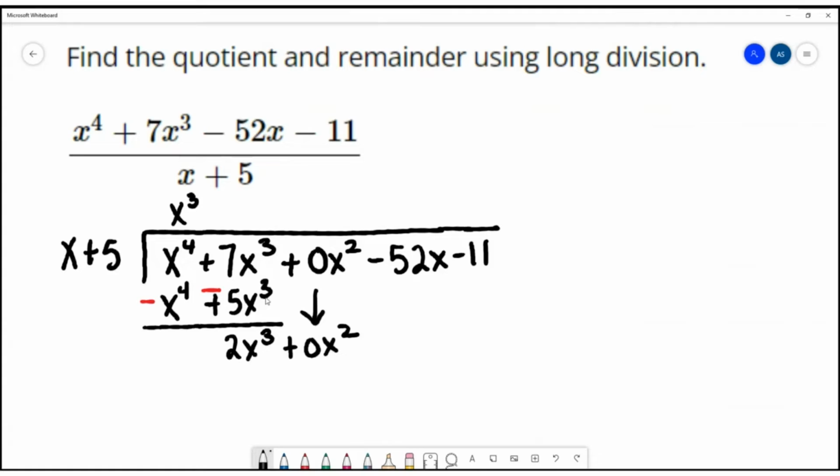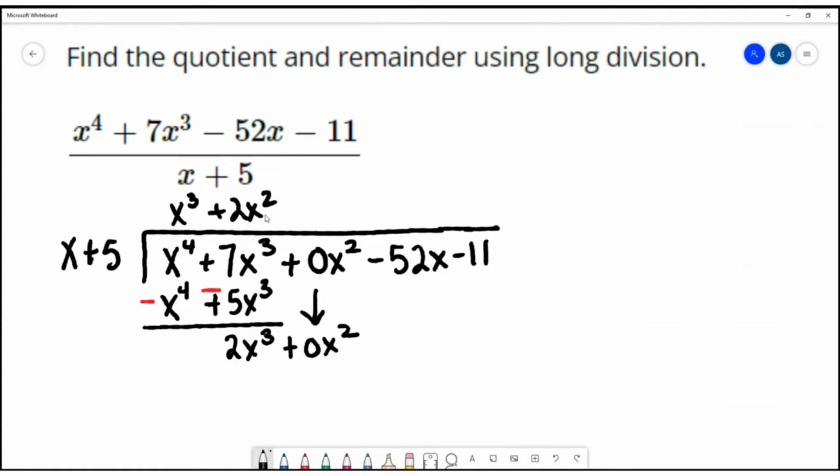Now we repeat the whole process over again. Once again, focus on the first term here, by what we're dividing by, and the first term of what we're dividing into. X divides into 2x cubed, 2x squared times. Or you can think of multiplication. 2x squared times x gives us the 2x cubed.